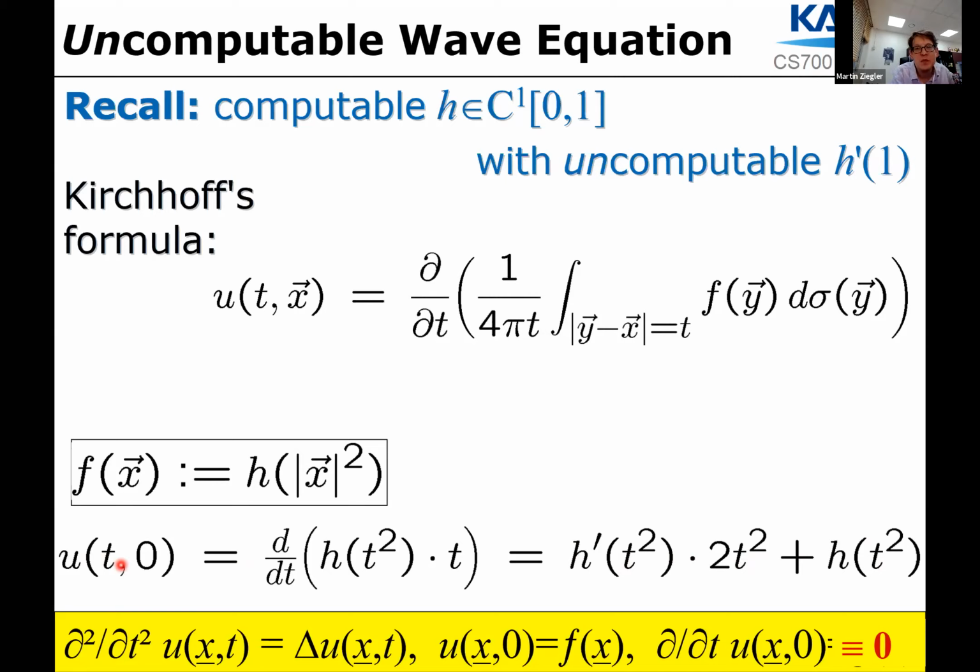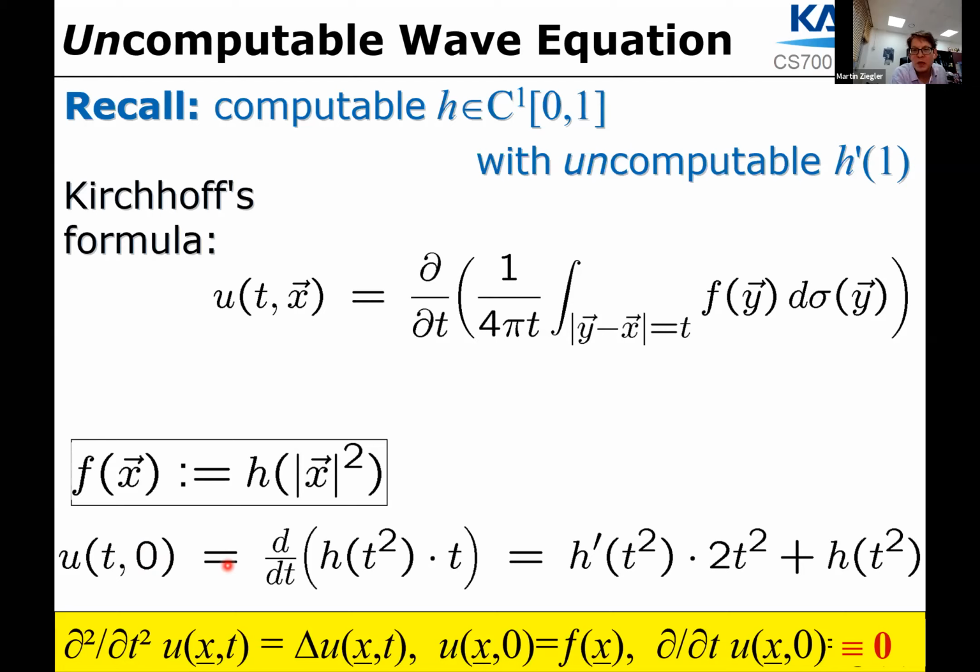So this is an artificial computable initial condition to the wave equation, so that at time t equals 1, in the origin, the value of the solution is an uncomputable value. And this has been bugging people for quite some time from the perspective of the Church-Turing hypothesis, which says that basically any process in nature should be computable, right?